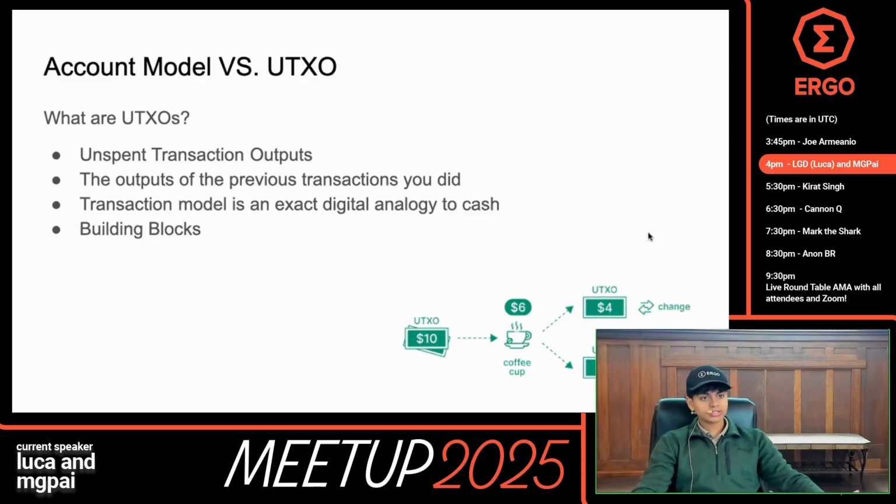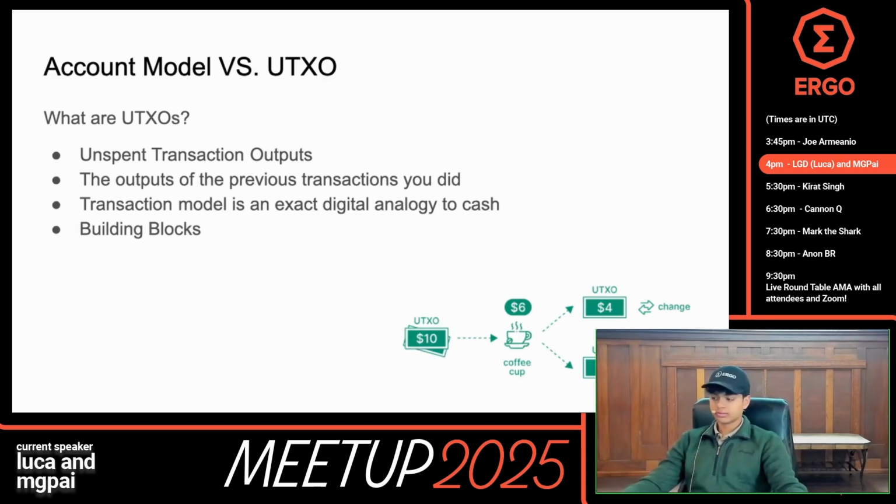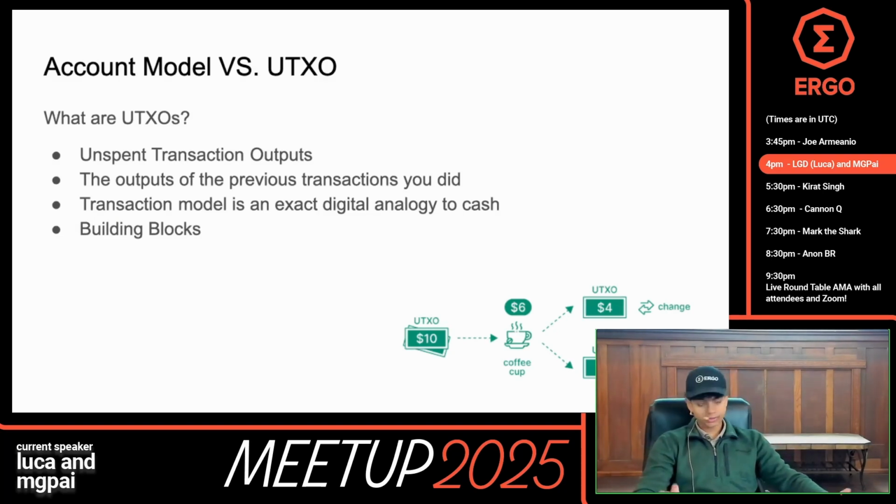So what is the account model and what is the UTXO model, right? So the account model is... all right, let's start with UTXO. The slide is here. So what are UTXOs? UTXOs were pioneered by Bitcoin, right? That's how they started their entire system.